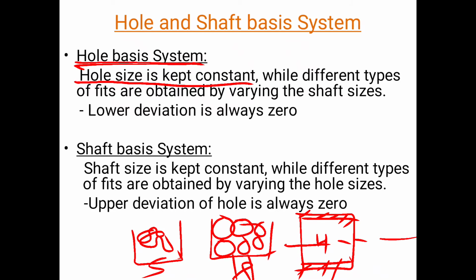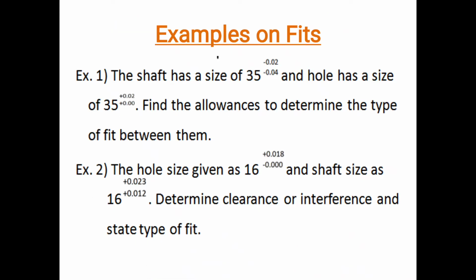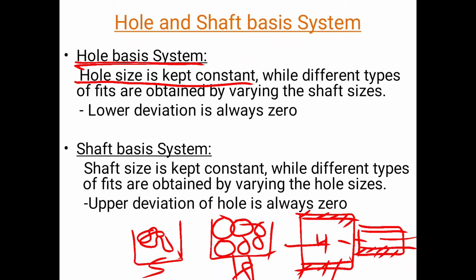The hole size is kept constant, and the required type of fit, that is interference fit, transition fit or clearance fit, is obtained by varying the dimensions of the shaft. Suppose you want a clearance fit, so the shaft will be like this, having tolerance on this side. So see, here you will get clearance, so you will get a clearance fit.